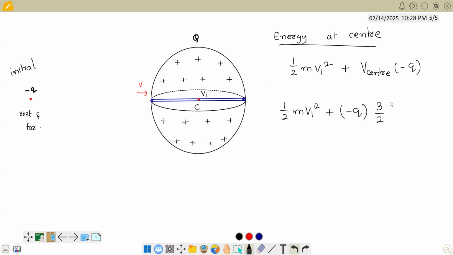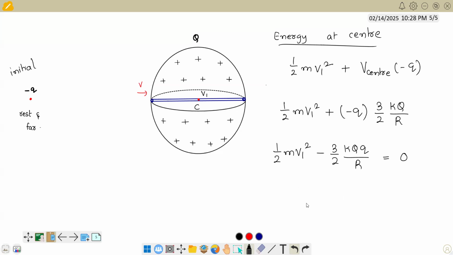We have just seen 3 by 2 kQ by r. So this is the potential at the center. So I can simply write half m v1 square minus 3 by 2 kQq by r, and this also must be equal to 0 because at any location the energy is conserved.